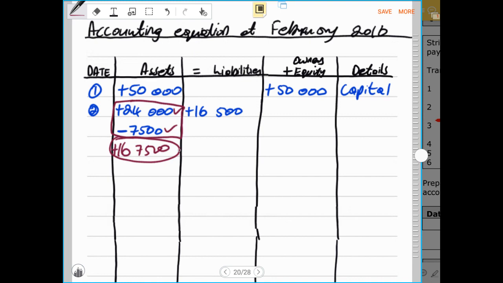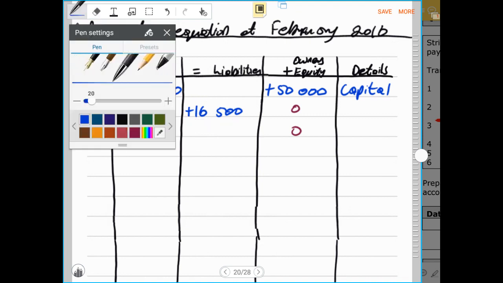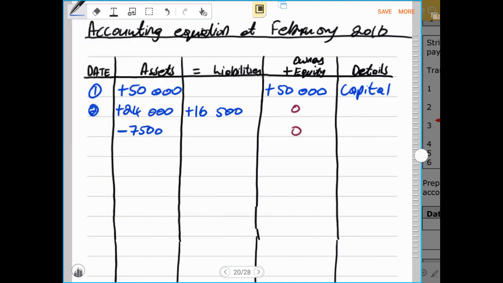Under our liabilities, we have the same 16,500. Under owner's equity, there is nothing. So our assets are still equal to the owner's equity plus the liabilities. But please, when you write in the exam, don't write these calculations. I just want to show you that the accounting equation must always balance whenever you have completed recording a specific transaction.